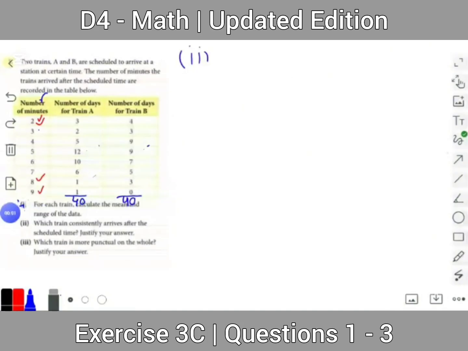In part 2, which train consistently arrives after the scheduled time? Justify your answer.